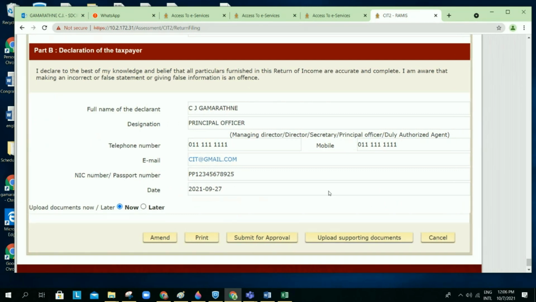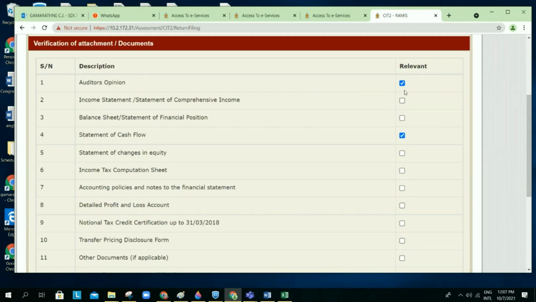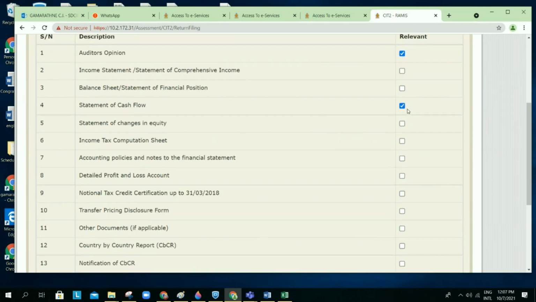I will move to the upload supporting document UI. Then I am supposed to upload the document. In this case I will upload the balance sheet.